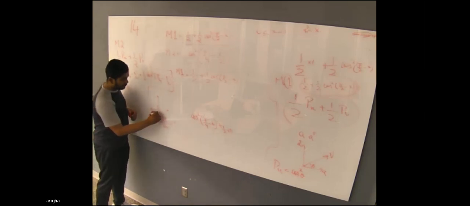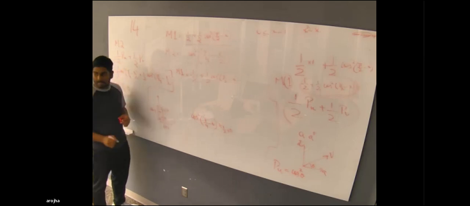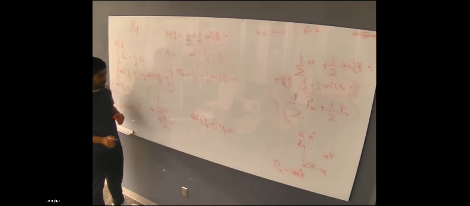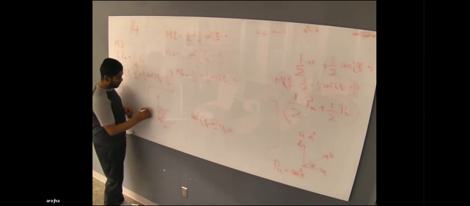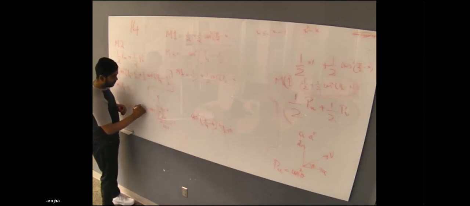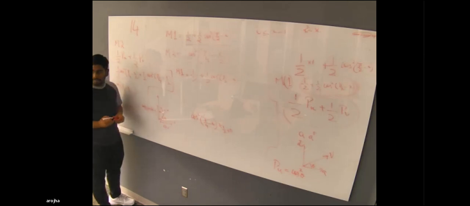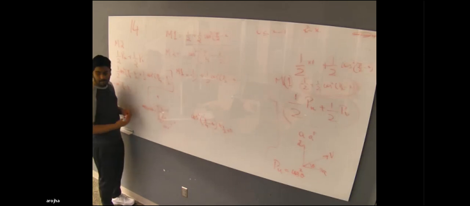But I can also write this as pi by 2 minus x. So then this angle also becomes cosine of pi by 2 minus x.